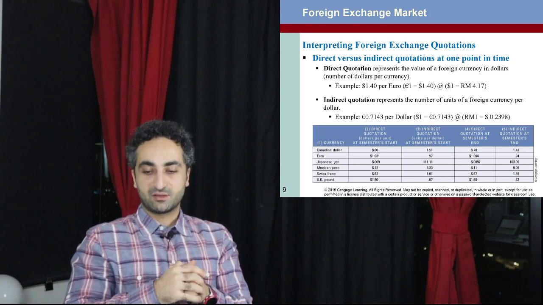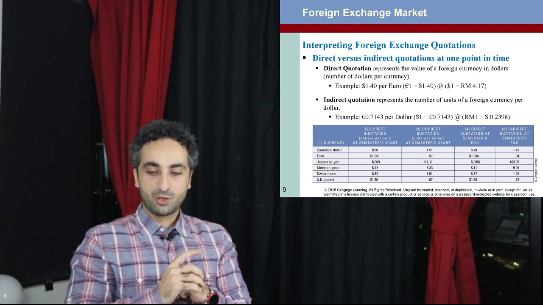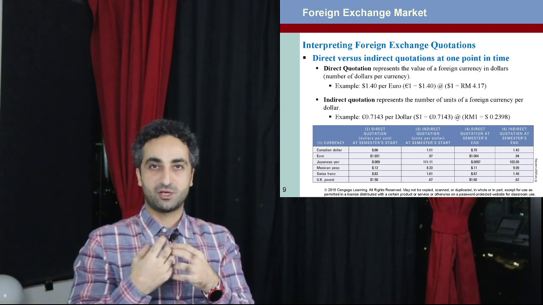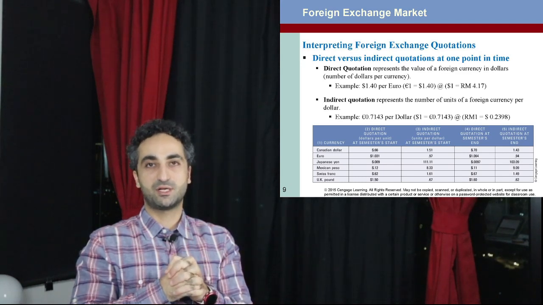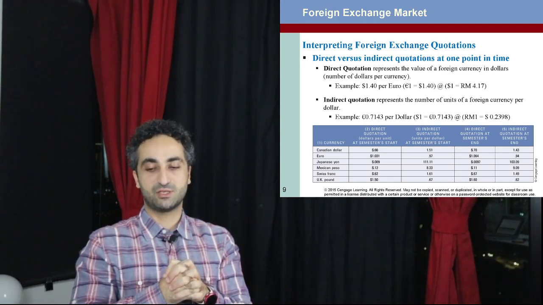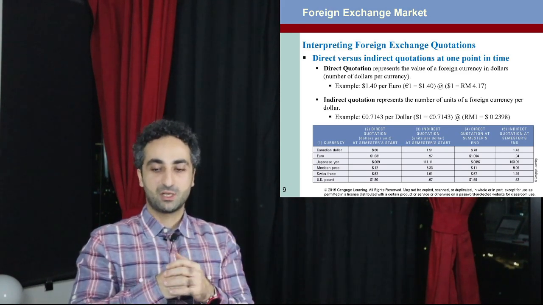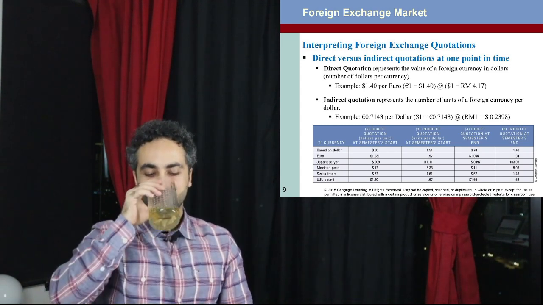Let's take a look at the indirect quotation at the end of the semester. We notice that you need fewer Canadian dollars to buy one American dollar. So you need $1.43 only to buy one American dollar in comparison to 1.51 at the beginning of the semester.